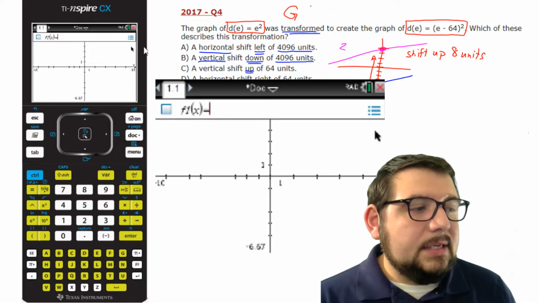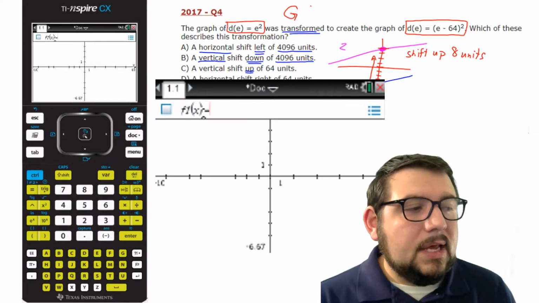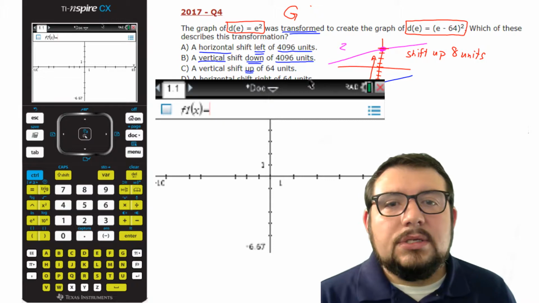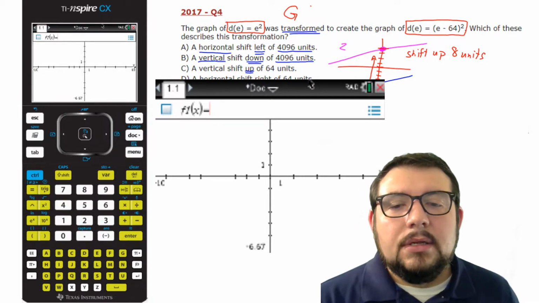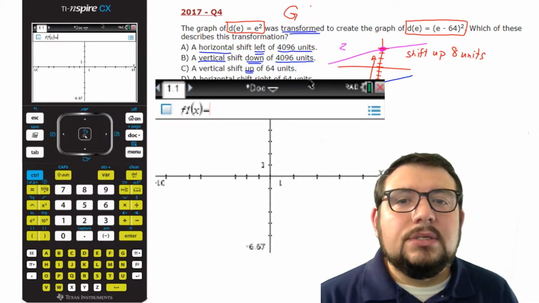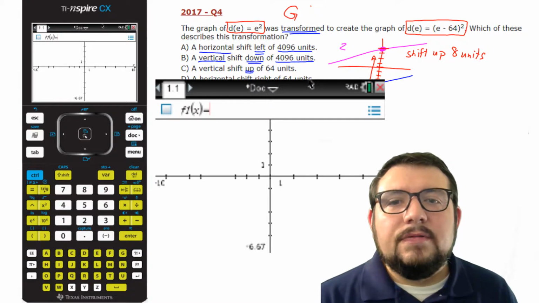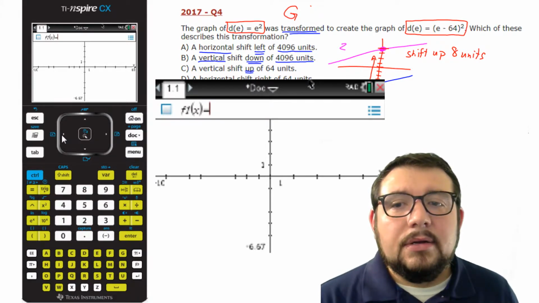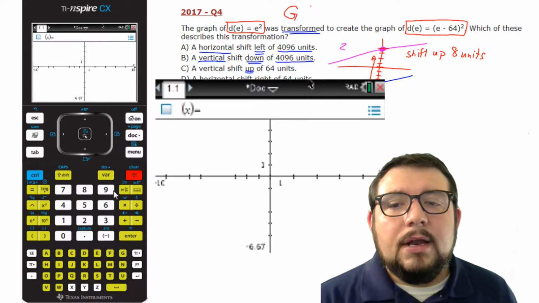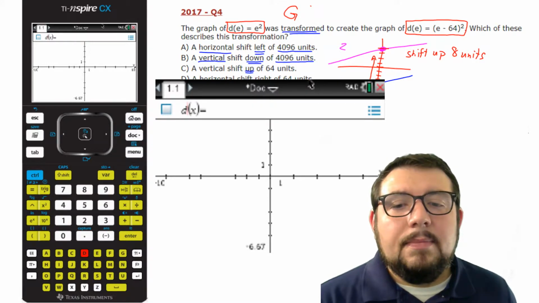Here I see that I have letters and parentheses and more letters. This is good practice for an important skill called function notation. The D parentheses E is called function notation: letter, parentheses, letter. Looking inside the calculator, I see that it has a letter, parentheses, and a letter. So all I need to do is take out that F1 and put in the letter D, and now it looks a lot like my paper.